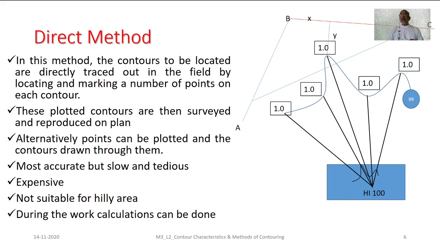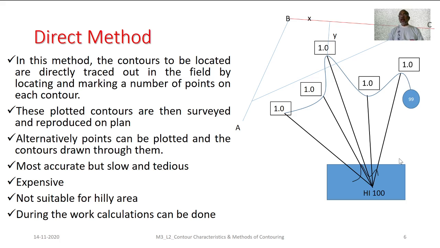Say now, we wish to plot a contour having a reduced level of 90 meters on the ground. As you have knowledge of leveling operations and reduced levels, in order to have the reduced level of a station as 99 meters, the staff reading should be 1 meter.